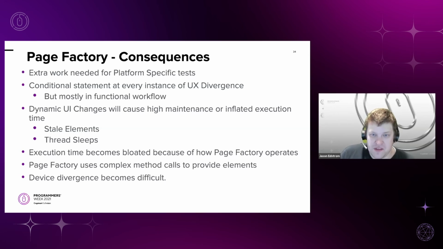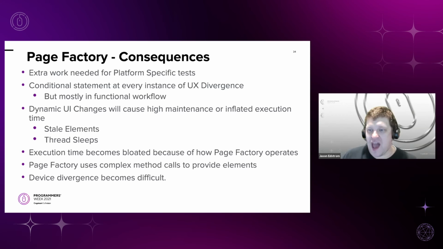The conditional statements are needed for every instance of app divergence, but only inside the methods or the functional workflow logic. So that's at least simplifying some of our scenario from the previous one.